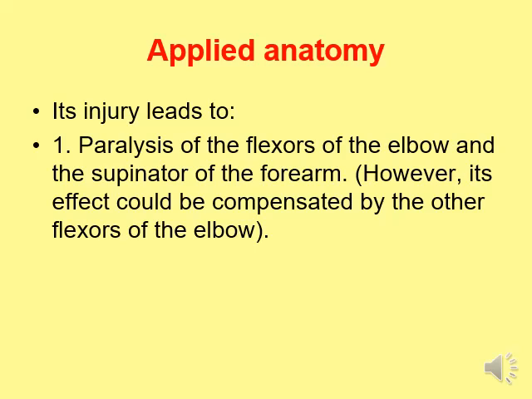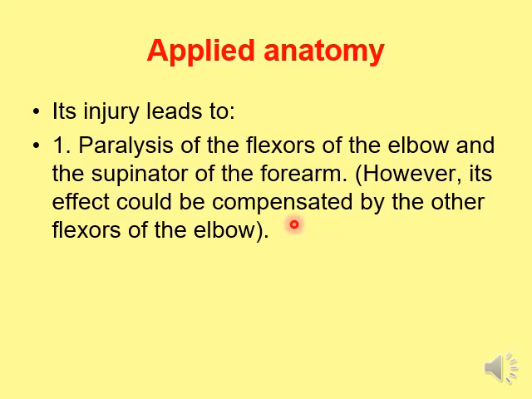Applied anatomy: injury to the musculocutaneous nerve leads to, at first, weakness in flexion of the elbow and also supination of the forearm. Just weakness, not loss. Why? Because the flexion can be compensated by other muscles, which will be discussed soon, especially the brachioradialis muscle, which helps in the flexion of the elbow.